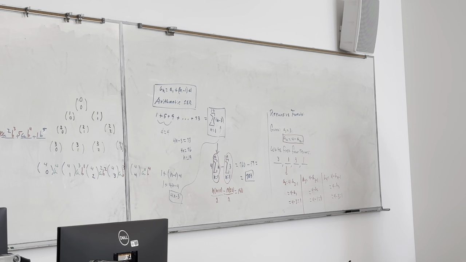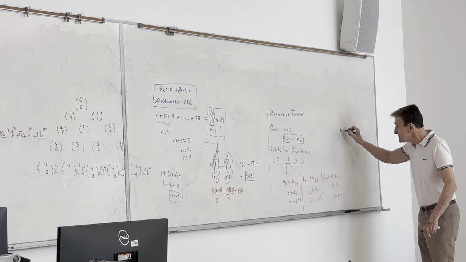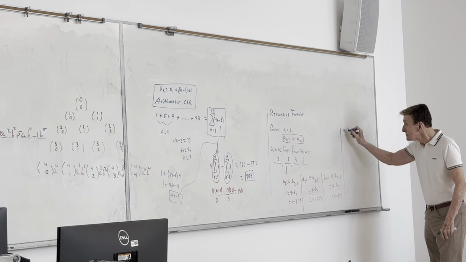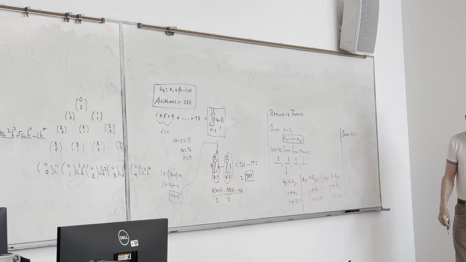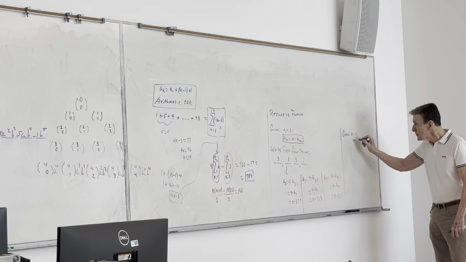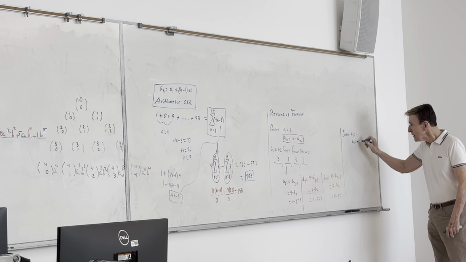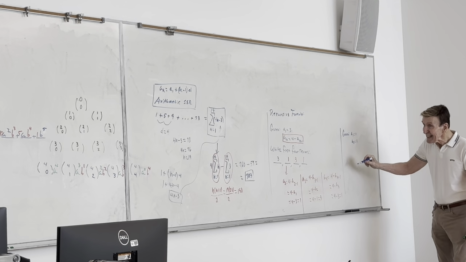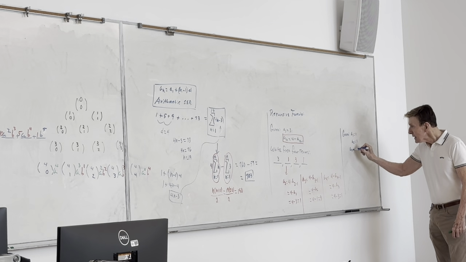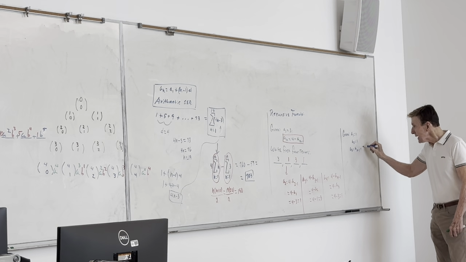Now, the last one here we go. On the side here. Given: a subscript 1 has a value of 1. A subscript 2 has a value of 1. a subscript n is equal to a subscript n minus 1 plus a subscript n minus 2.